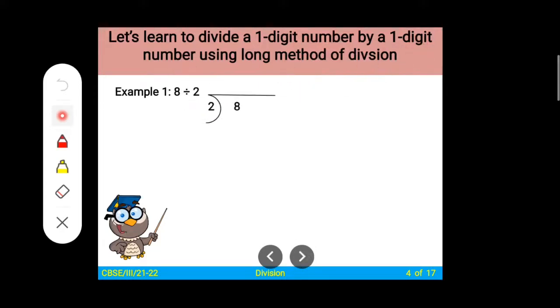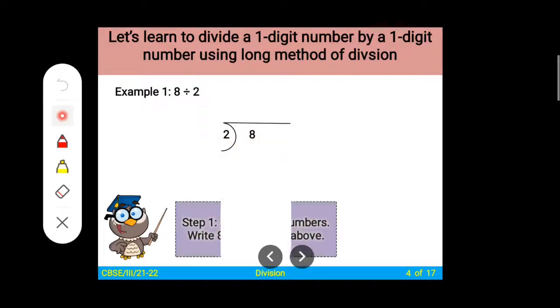8 divided by 2 with the long method. First 2 is the divisor and here is 8. First we have to think in the 2's multiplication table, where you get the 8. Start the multiplication table of 2: 2 ones are 2, 2 twos are 4, 2 threes are 6, 2 fours are 8.